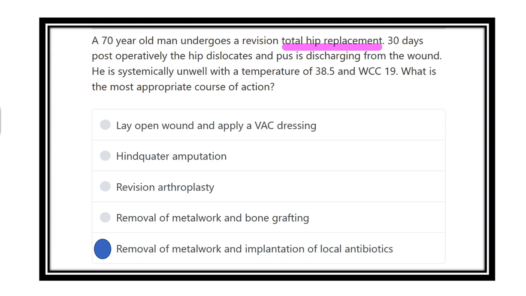First of all, we should remove the prosthesis or metalwork. It is the first line treatment for any type of implant infection or prosthesis infection. Why? Imagine a prosthesis implanted in the area. What happens when infection occurs?